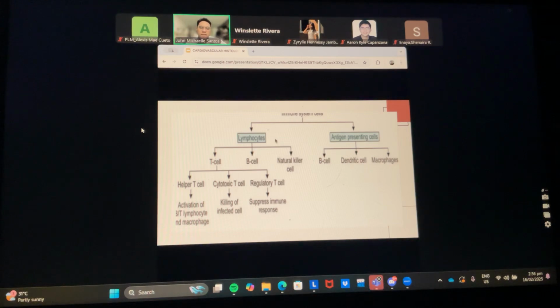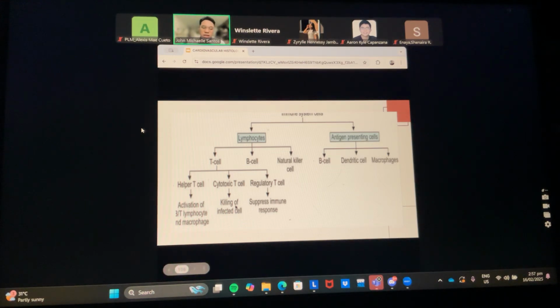So the cells of your immune system can either be lymphocytes, which are B cells, T cells, and NK cells. Your T cells can be subdivided into three. You have your CD4 or helper T cells, CD8 or cytotoxic T cells, and your regulatory T cells. Your helper T cells activate now your B cells and your T cells.